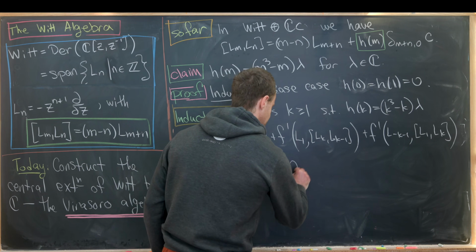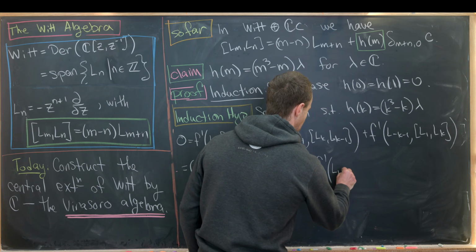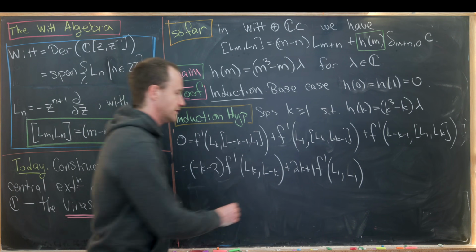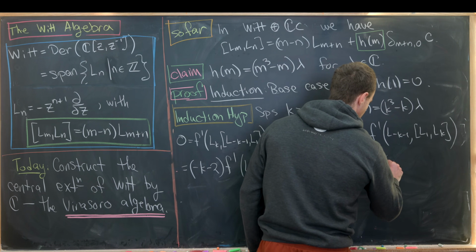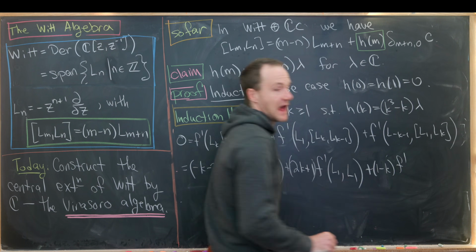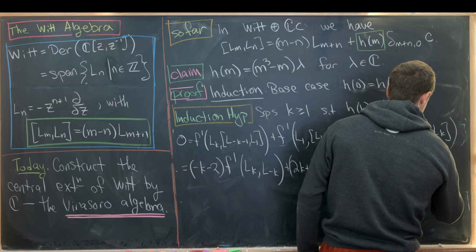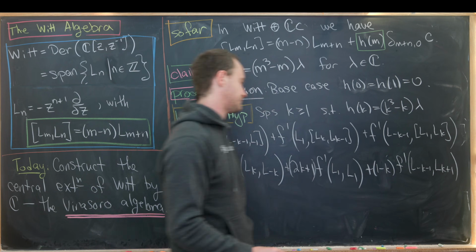Next we'll have plus (2k plus 1) f prime of L_1 with L_1. And then finally for this last one, we get plus (1 minus k) f prime of L_{-k-1} and L_{k+1}.